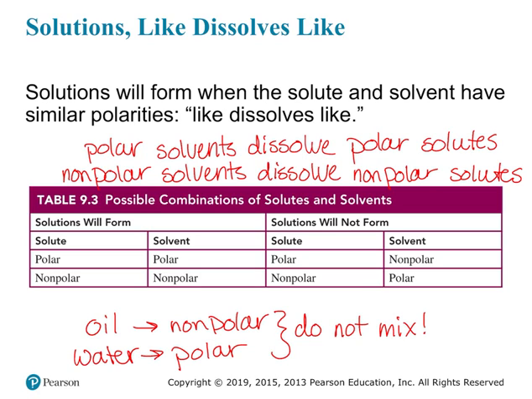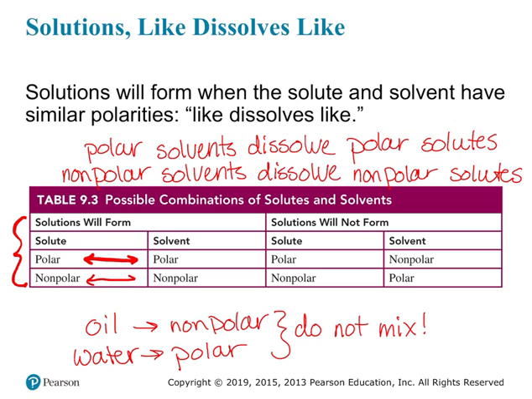All right, and in your textbook, there's a Table 9.3 that goes through when solutions will form and when solutions will not form. You'll notice in the solutions will form section, the solute and the solvent have to be the same. So polar and polar will dissolve in each other, so a solution will form.